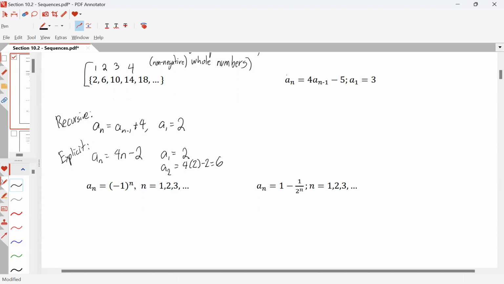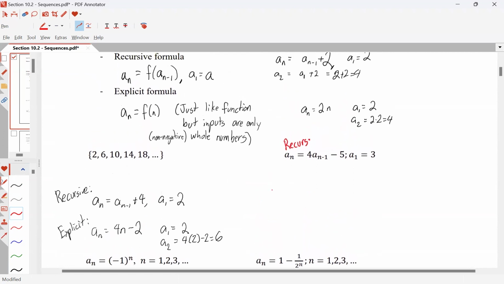In this next example, the one in the upper right corner now, this is already the recursive formula. See, we have a formula that is based on what was the previous term.